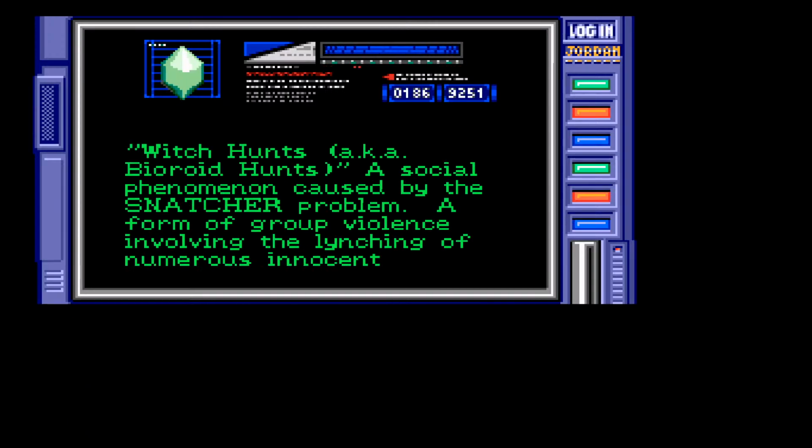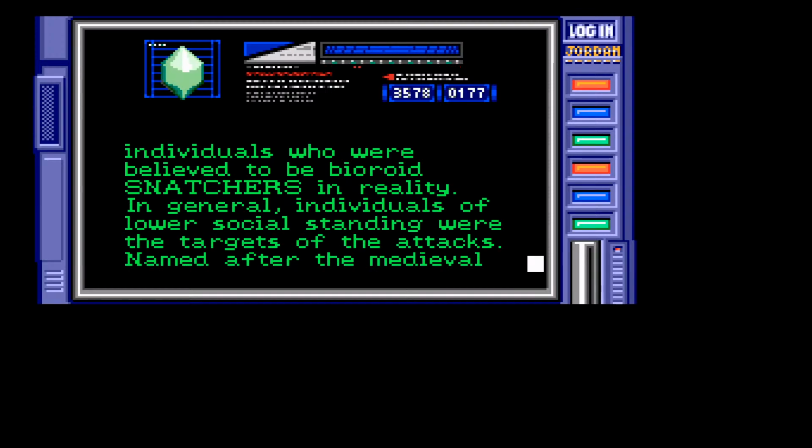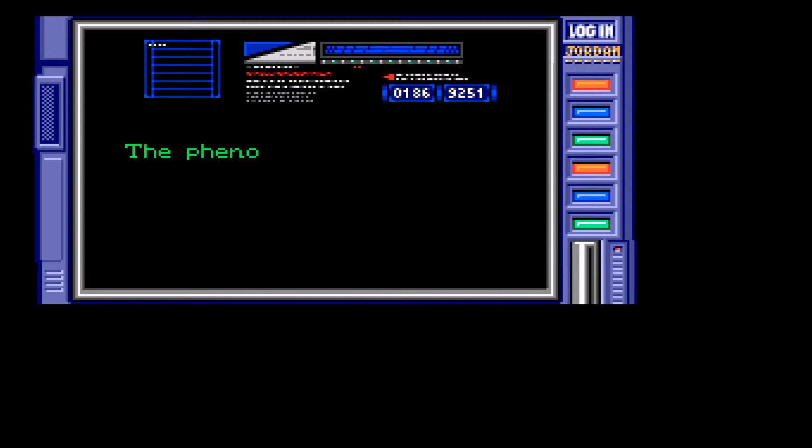Witch hunts, aka Bioroid hunts. A social phenomenon caused by the Snatcher problem, a form of group violence involving the lynching of numerous innocent individuals who were believed to be Bioroid snatchers in reality. In general, individuals of lower social standing were the targets of the attacks, named after the medieval witch hunts which took place in Salem, Massachusetts, United States of America, due to the similarity of the two occurrences.